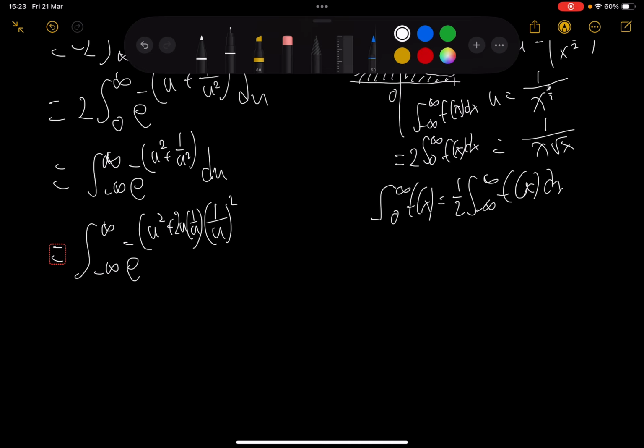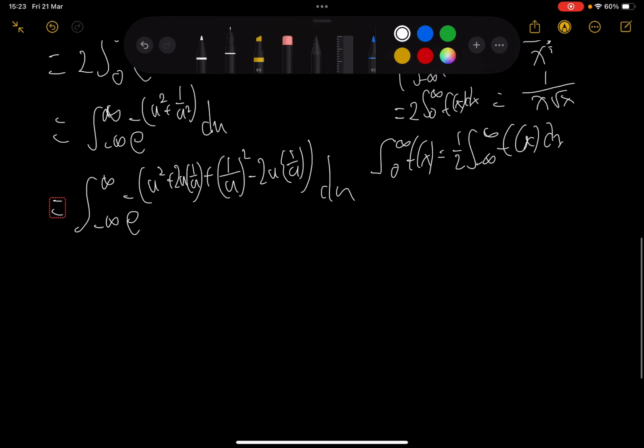This is something that we add into it, plus 2u times 1/u. Therefore, we have to subtract it. Subtract and then du. And then u and 1/u cancel. You can get e power of negative 2.